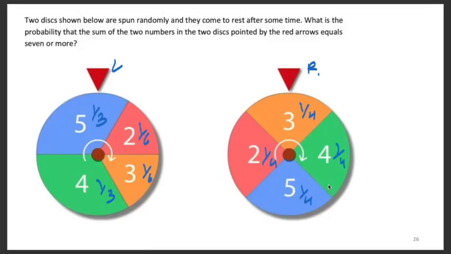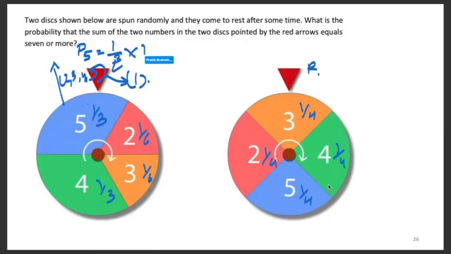Now, if 5 happens in the left disk, the possible combinations that will work with 5 to get 7 or more will be 2, 3, 4, and 5. So that occupies an area of 1 total in the whole disk. So the probability of getting 7 or more with 5 in this disk will be 1/3 multiplied by 1, which is 1 by 3.